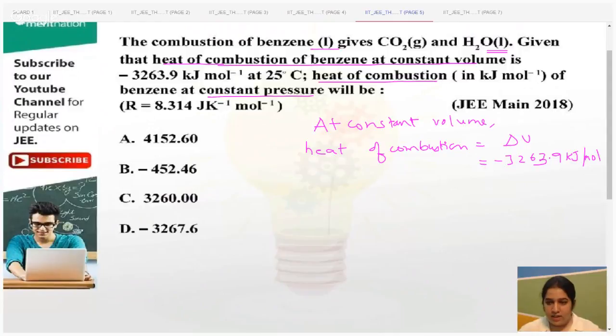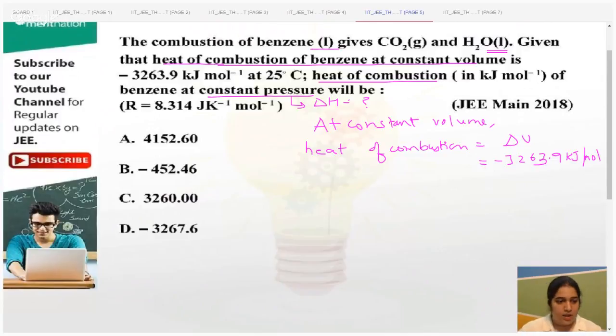I'm making you understand, Krishna. Please pay attention now. At constant volume, if some heat of combustion or heat of reaction is given to us, that represents delta U. At constant pressure, that represents delta H. So we need to find out delta H. Delta U is given to us.